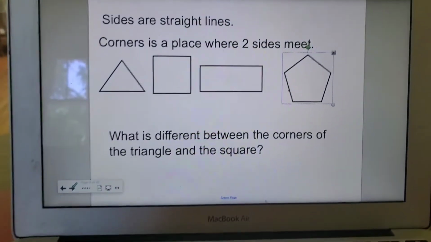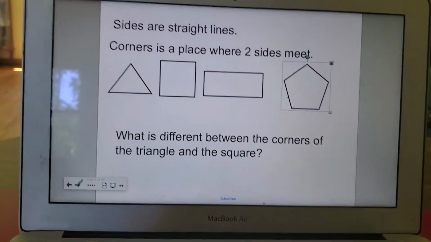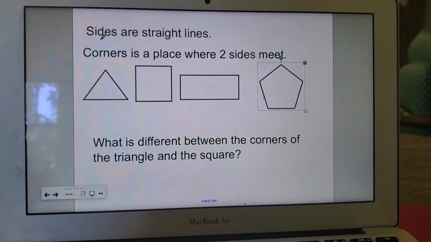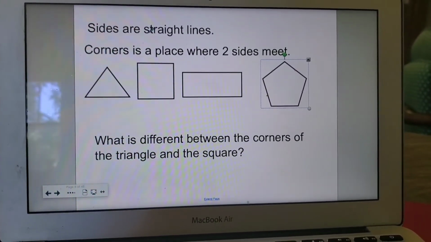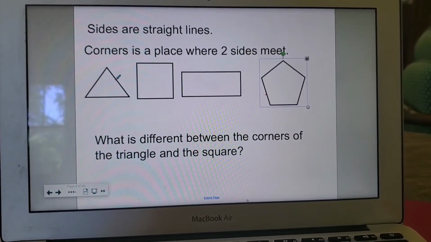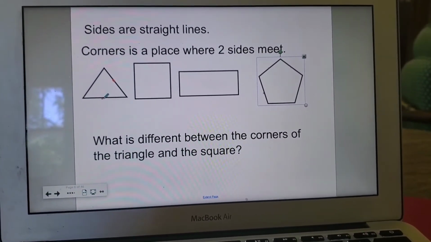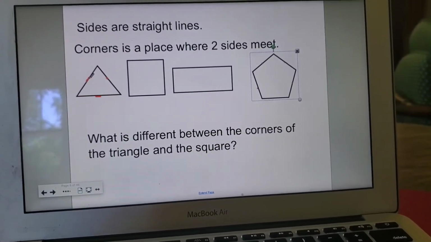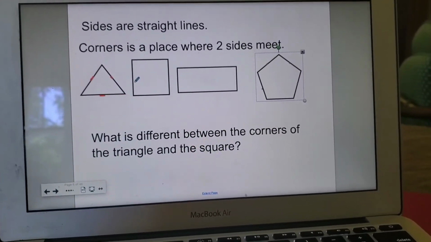Okay, so now we're going to talk about something a little different. Okay, so we're going to talk about sides. Sides are straight lines. So if we look at the triangle, see right here, here's a side, here's a side, and here's a side. So there's 3 sides. Now what about the square?